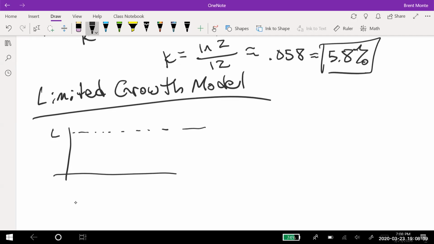The way the model works is you start from some point, you start growing, but at some point it starts to flatten out and approach this. You start to grow exponentially up to some point, but then the curve turns. And hopefully you recognize what that point is. It's an inflection point.